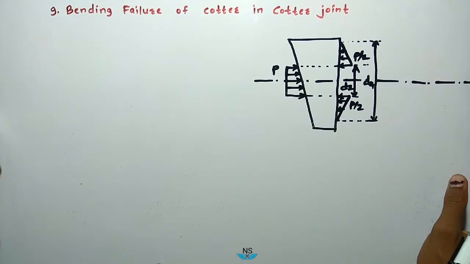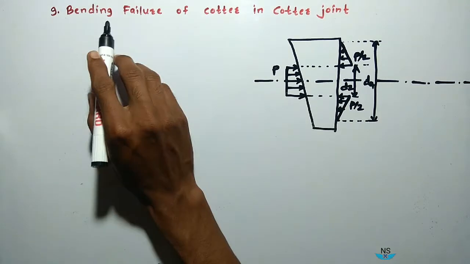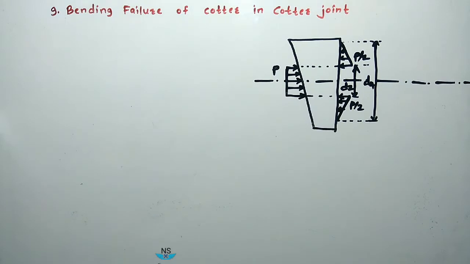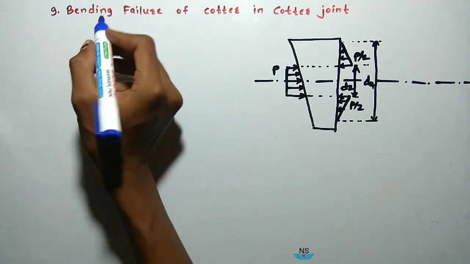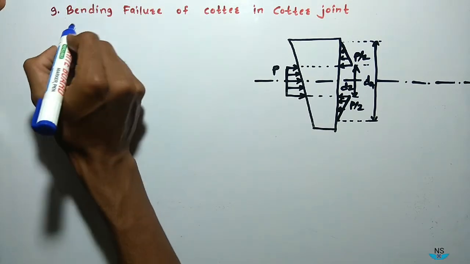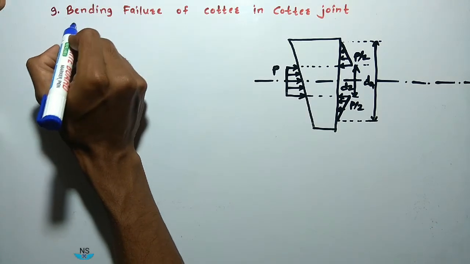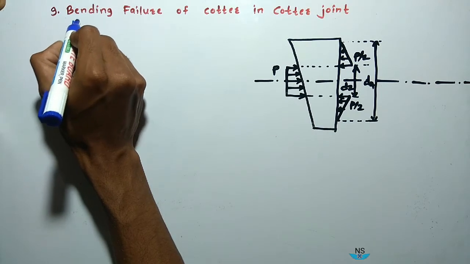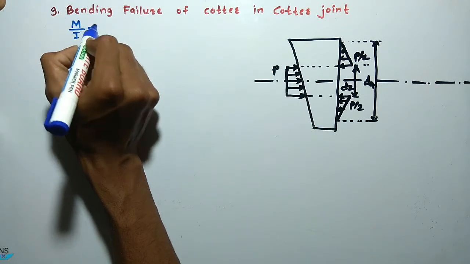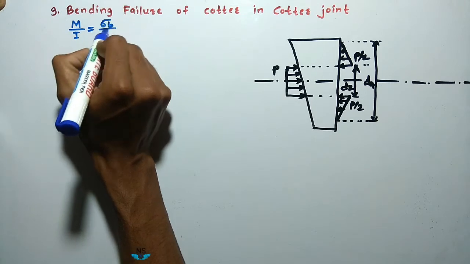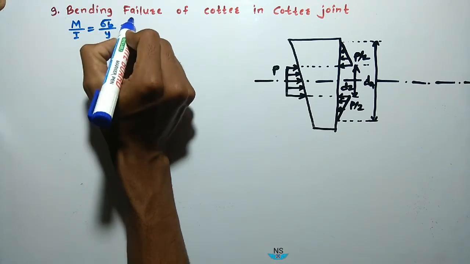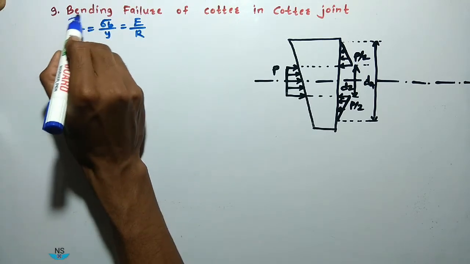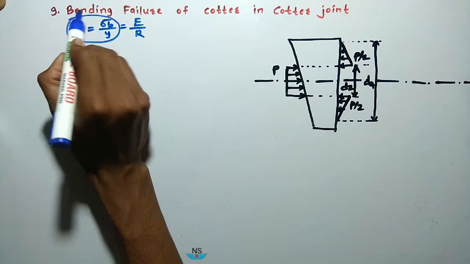Now we have to find out bending stress. Bending failure is there, so we have to find out bending stress in this strength equation, that is sigma B. Now we know flexural formula or bending equation, that is M divided by I is equal to sigma B divided by Y is equal to E divided by R. So let us take this only.